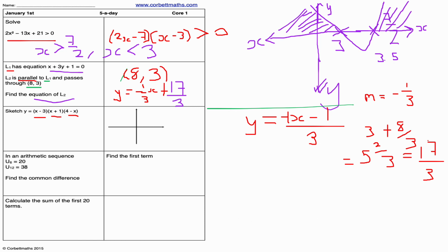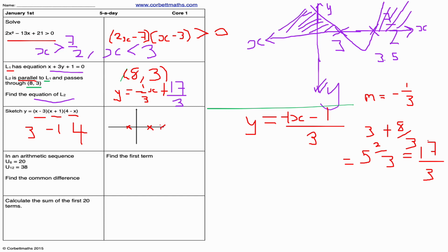Your solutions, because it is already factorized, are 3, -1 and 4. If you set y equal to 0 and solve, remember that when y equals 0, that's where it crosses the x-axis. So it crosses at -1, 3 and 4.